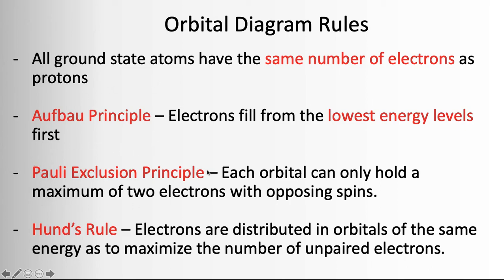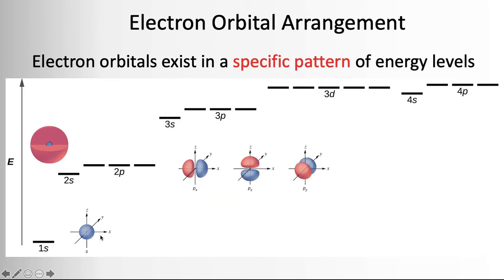The Pauli exclusion principle tells us that each orbital can only hold a maximum of 2 electrons with opposing spins. As I said, we can only hold 2 here. The third one cannot go in here, it has to go to the 2s. So each of these lines is 1 orbital, and each of these lines can hold only 2 electrons, one with opposing spin.